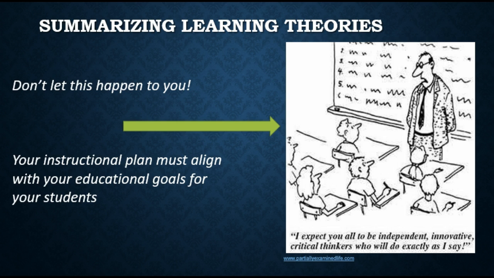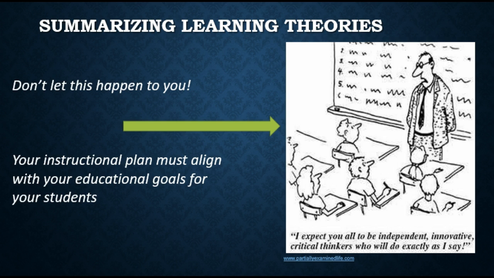But also, your plan has to be aligned with their educational goals. So this means that you might teach classes that have different instructional plans because there are different educational goals for the students. An example would be looking at Bloom's taxonomy and 100 level courses versus 200 level courses.